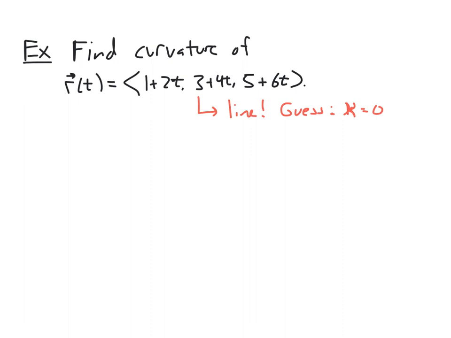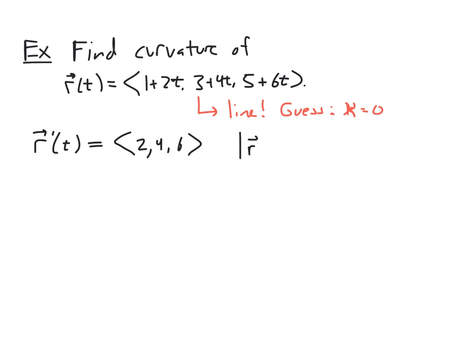And so we can go ahead and compute it using the formula that we just saw. So we do need to find r prime. So r prime here is a constant vector. It's 2, 4, 6, the derivative of each of those expressions.